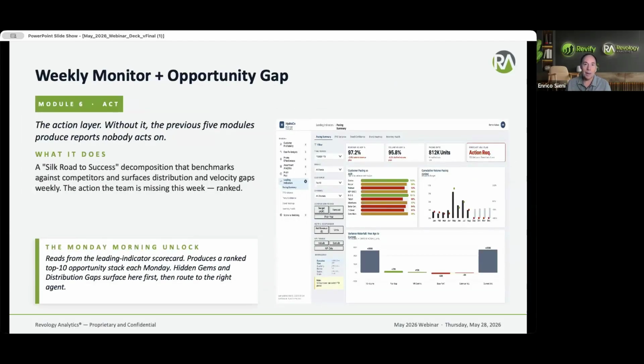Module 6 is really around the weekly monitoring and opportunity gap, right? And this is what we call the Silk Road to success. It starts benchmarking your competition and showing you the distribution and velocity gaps on a weekly basis. And one important factor is you don't want this to be a one-off or something that you run once a quarter.